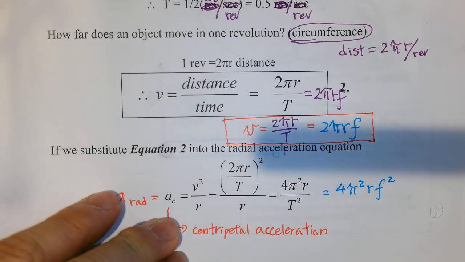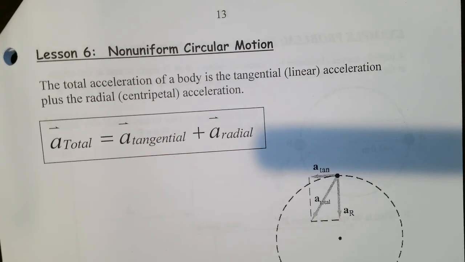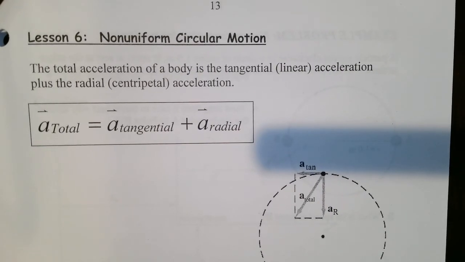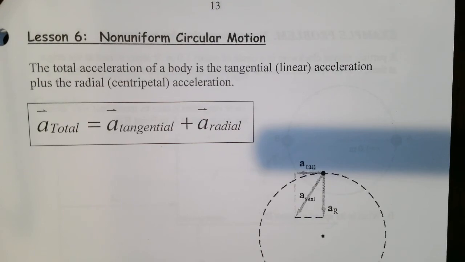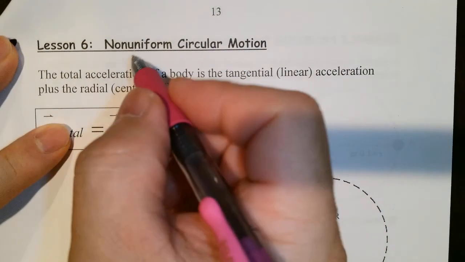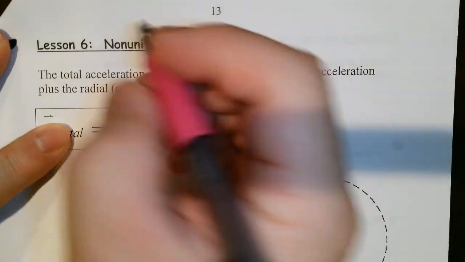It had to be spinning faster and faster and faster. Well, then you have non-uniform circular motion. Non-uniform circular motion is when an object is going in a circular motion, but it's not going at a constant speed.